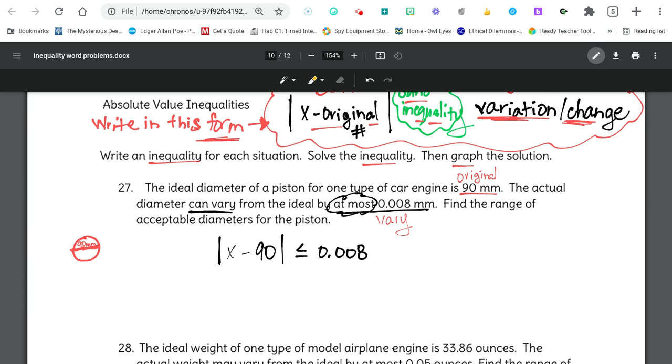So what I do is I set up my two inequalities. Inequality 1 is x minus 90 less than or equal to 8 thousandths, and inequality 2 is x minus 90 greater than or equal to negative 8 thousandths, guys. Remember to change the sign. And then all you do is solve from there.